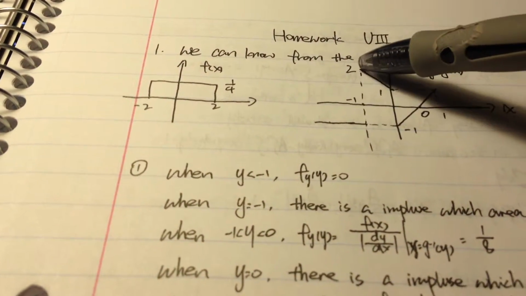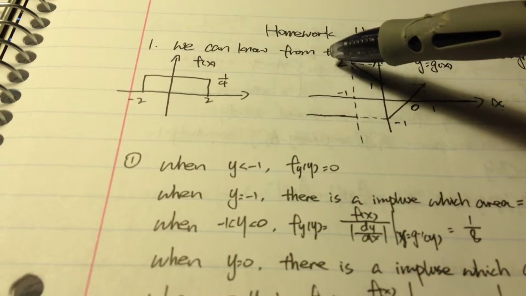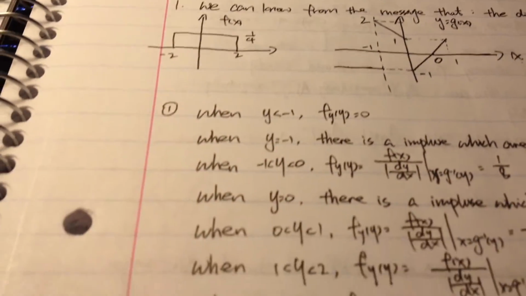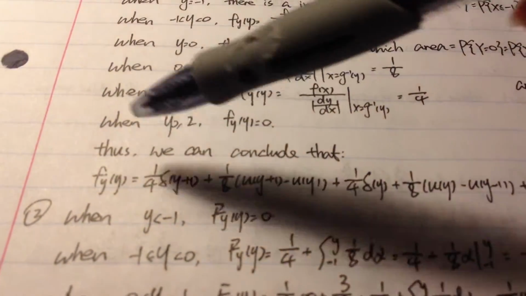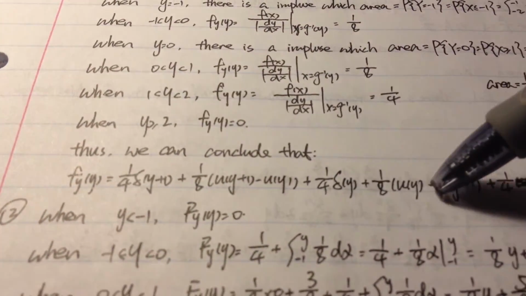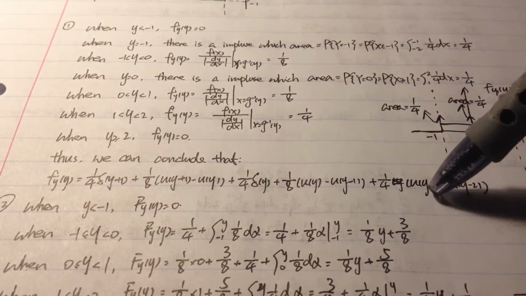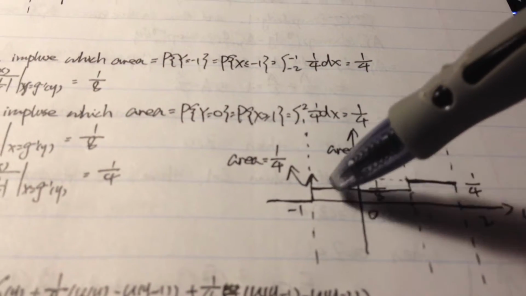And when y is greater than 2, the density function of y equals 0. So we can know that the density function of y equals this one, and we draw the diagram.